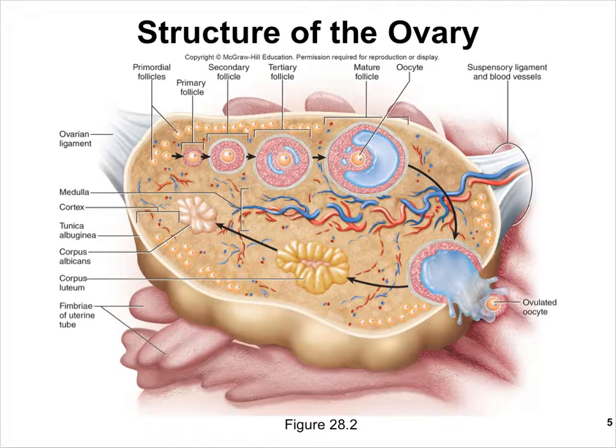Now, men, when they use their sperm, might shoot out, it's like 50 to 90,000 sperm at a go. So we need to make a lot of sperm. Women typically only make 1 egg at a time.